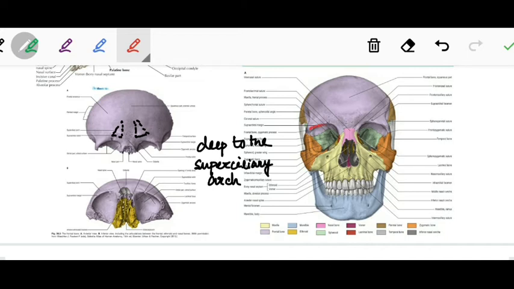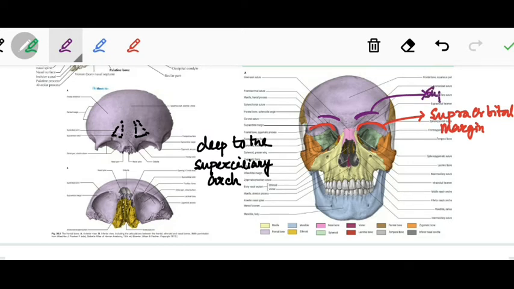Now you must know that the upper border of the orbital margin is called the supraorbital margin. Above and parallel to the supraorbital margin, over its medial end, there is a rounded curved elevation in the squamous part of the frontal bone, and this rounded curved elevation over the medial part of the supraorbital margin is called the superciliary arch.